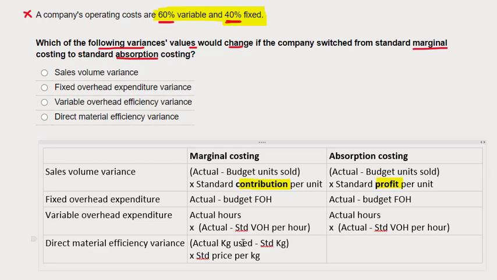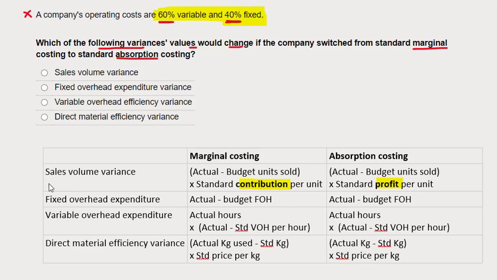And when I say kilograms, it could be litres or whatever materials it is that the business is working with. So the actual kilograms they used, minus how many kilograms they should have used to make the actual units of production. This is my flexed budget, isn't it? How many kilograms of material should they have used to make that level of production? And I multiply it by the standard price per kilogram. And again, it's exactly the same calculation under absorption costing.